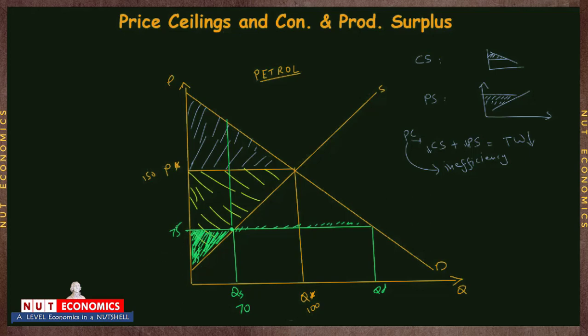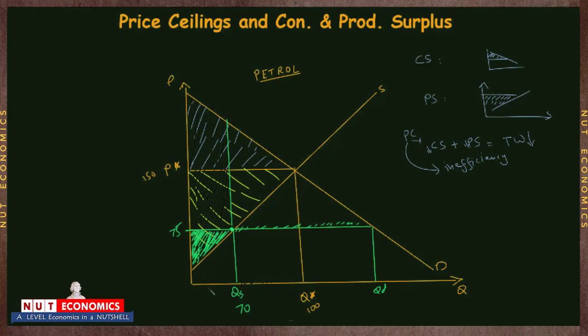So let me do that in black: his new consumer surplus will be the area above this new price line and below this demand curve, but only horizontally up till this vertical imaginary line that we have drawn, because all the units between QS and 100 are not being traded anymore. They are not available in the market anymore. So the consumer surplus is just this blackish area over here now.